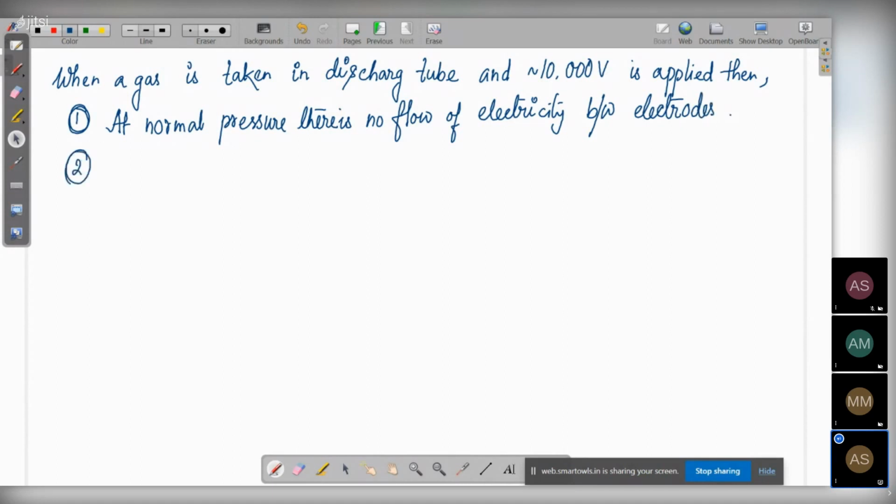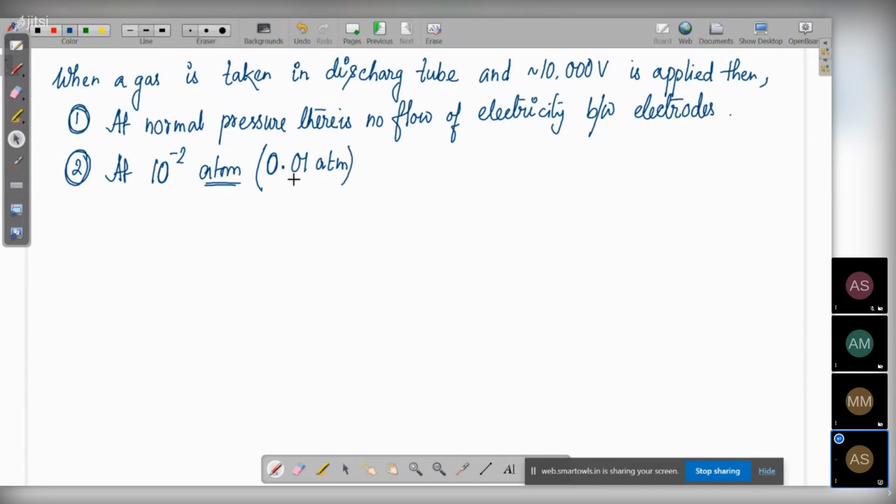But then at 10 to the power of minus 2 atm. atm means atmosphere. It is a unit of pressure. Just like Pascal is a unit of pressure, atm is also a unit of pressure. 10 to the power minus 2 means 0.01 atm.